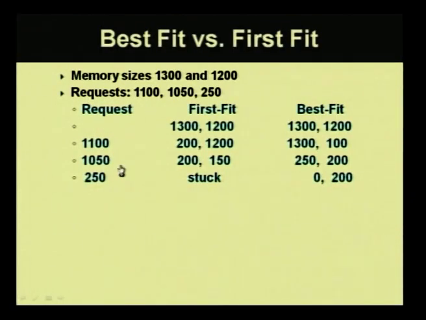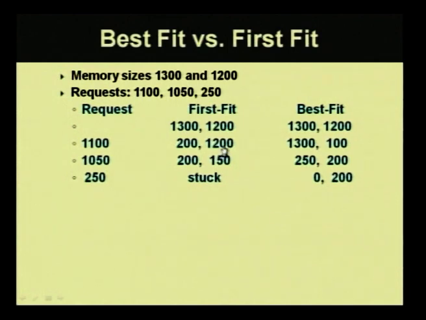For the same variation, we have another problem with the requests 1100, 1050 and 250 for the same available memory. Here, the best fit algorithm, as we discussed earlier, efficiently handles the situation. However, in the first fit policy, after allocation of 1100 to the 1300 memory space, a 200 hole is generated.